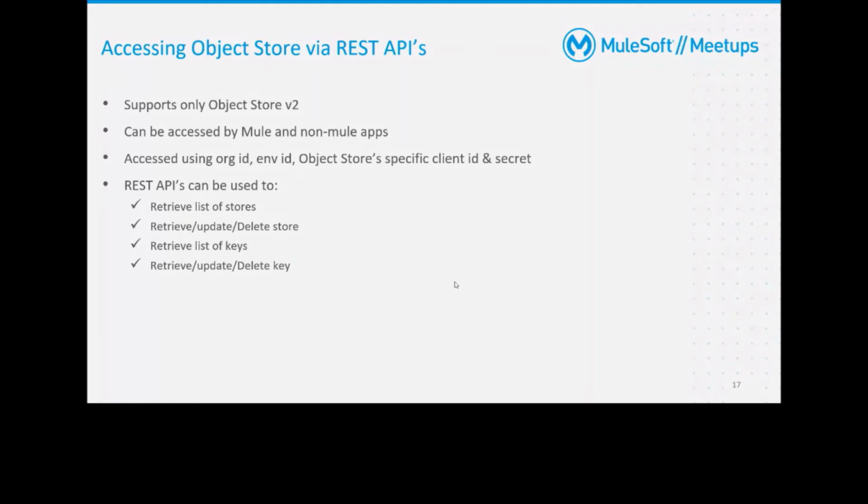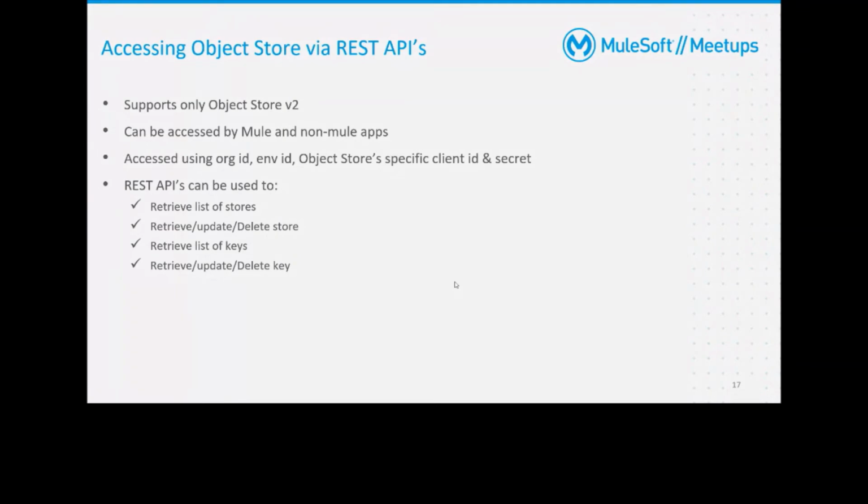Now this is the last part of our presentation. How do we access it? I was telling that an app deployed on-prem can access the object store v2 service, and we can do it using the REST APIs.